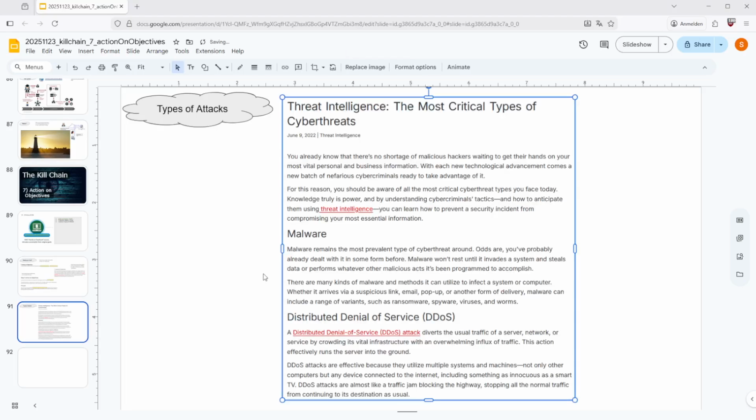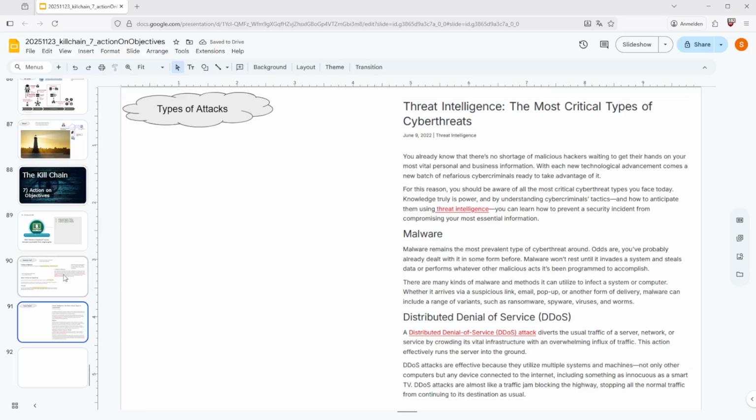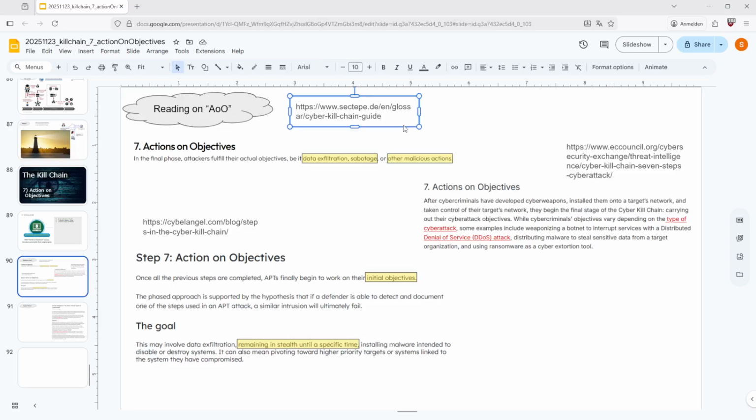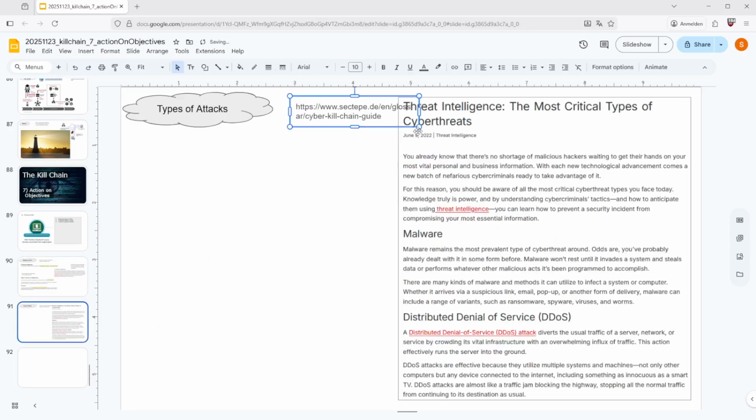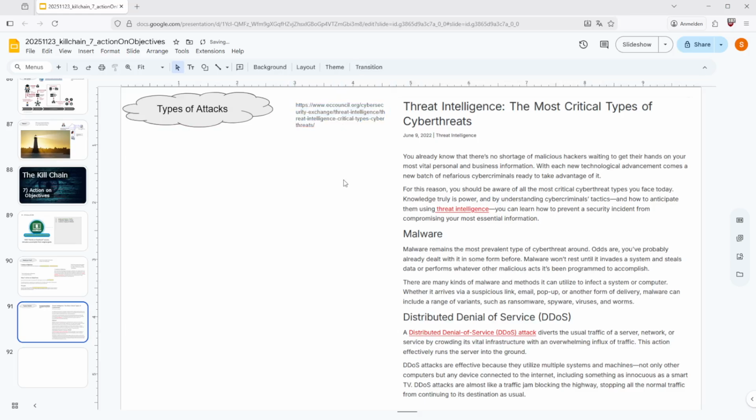Let's see. Yes, looks good. So we have it now on the right side. I hope it's okay for you guys if the order is a little bit different. So, and we put this here. Perfect. And this is the link to that. And we make that a little smaller. Okay, so EC Council. And this falls into the domain of threat intelligence.